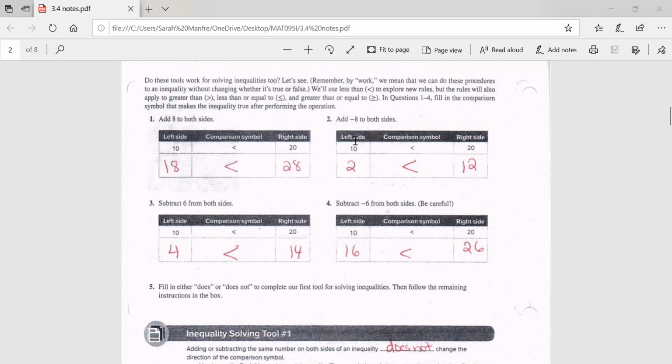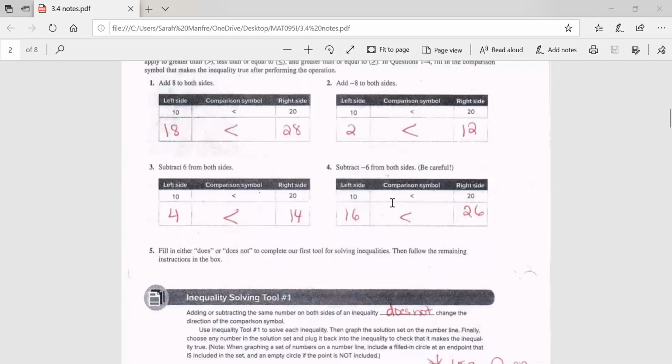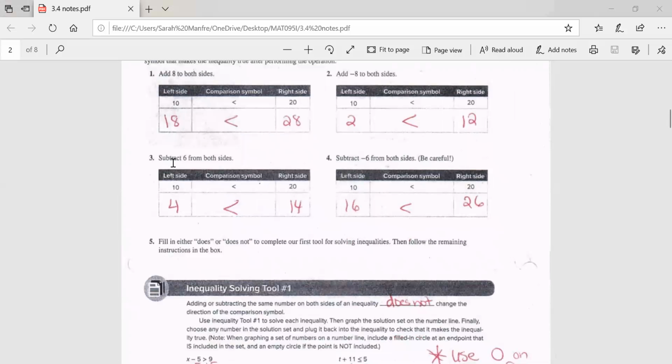So 10 plus -8 is 2, 20 plus -8 is 12. Well, 2 is smaller than 12, so 2 is less than 12. The inequality sign stays the same. Now, subtract 6. 10 take away 6 is 4. 20 take away 6 is 14. Well, 4 is less than 14, so the inequality sign stays the same.